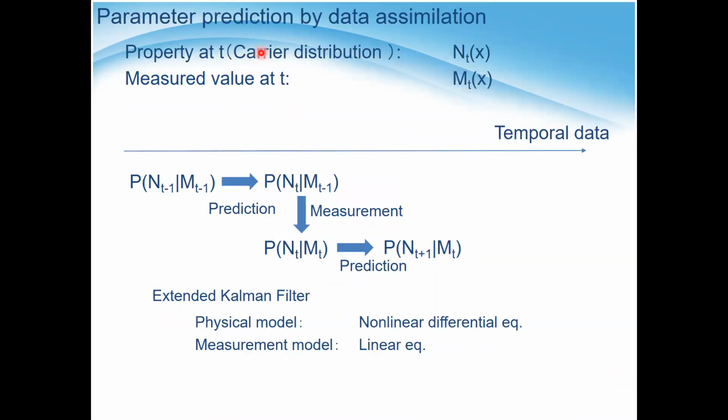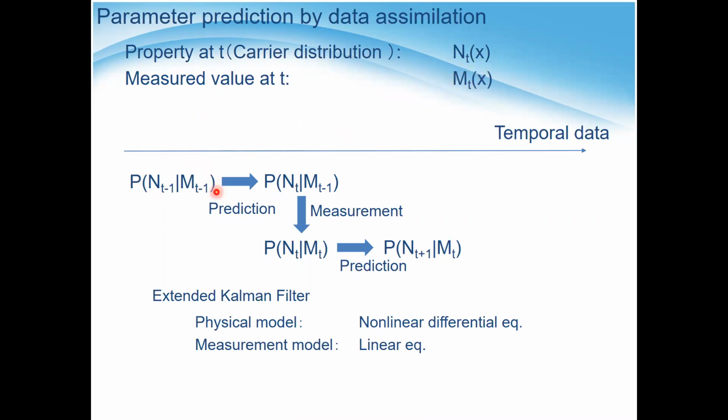So in our case, data assimilation is used like this. We have information of the charge carrier distribution in a spatial direction in time, and we measure the data by the imaging here.